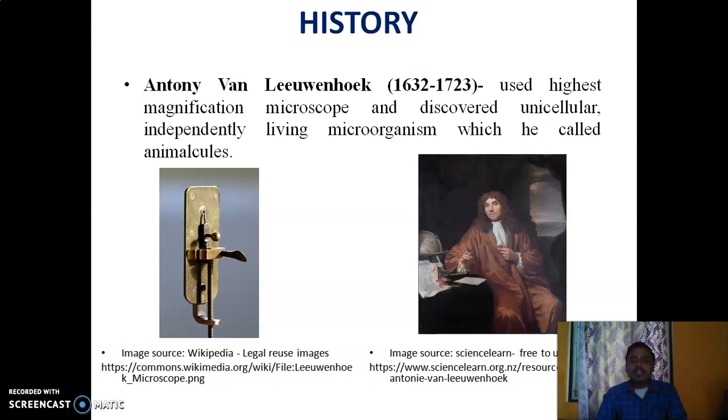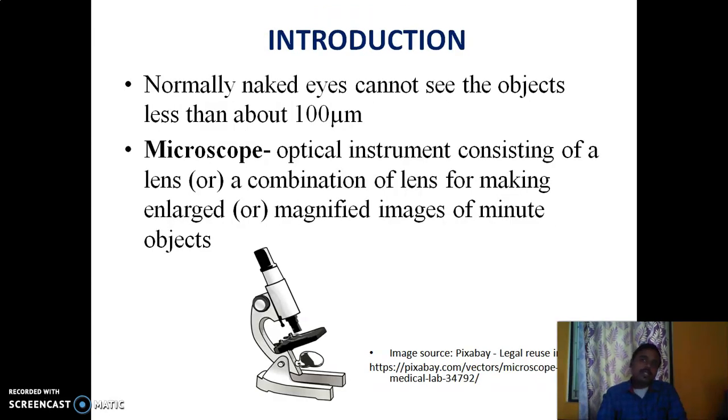All his findings he shared with the Royal Society of London. And Anton von Leeuwenhoek was the person who first made a handheld microscope. That is, he just ground the lenses and prepared his own handheld microscope. So now we know these two people, and how their contributions helped in the field of microscopy.